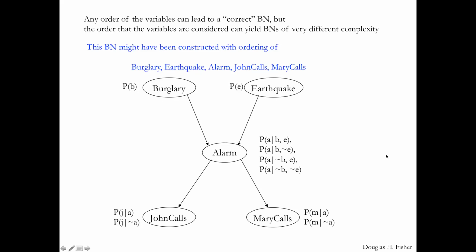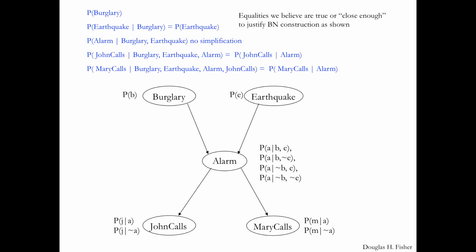We would expect the same network in that case. But there are other orderings, like this one, burglary followed by earthquake, followed by alarm, followed by John calls, followed by Mary calls, that might lead to a significantly different network.